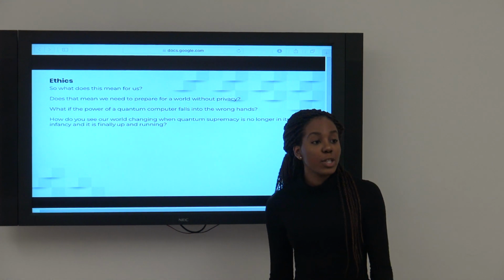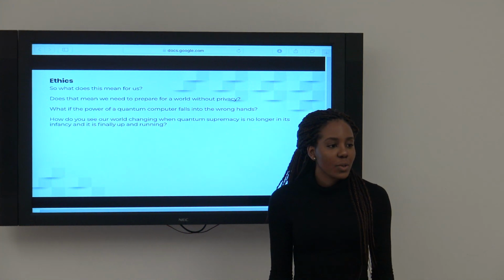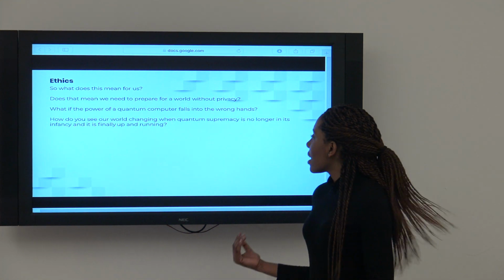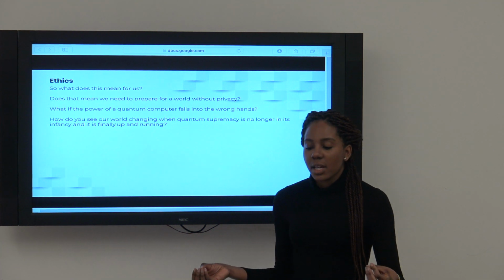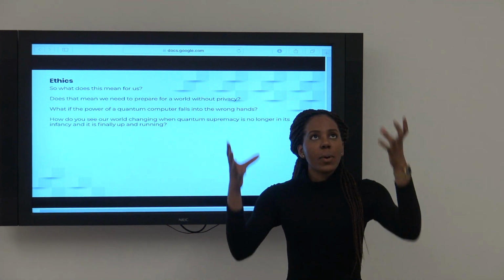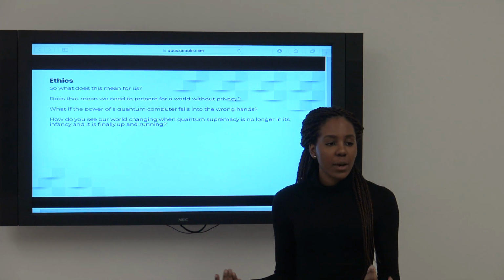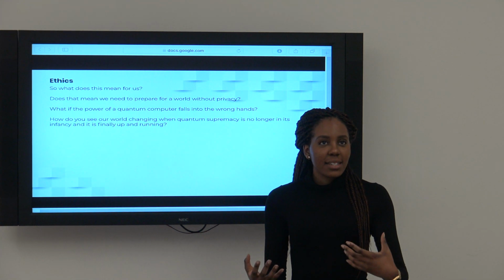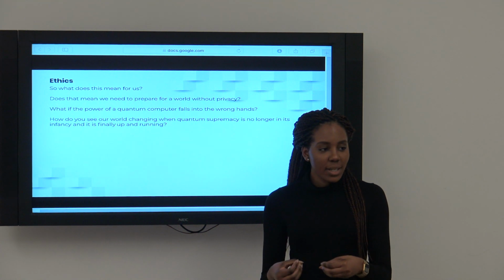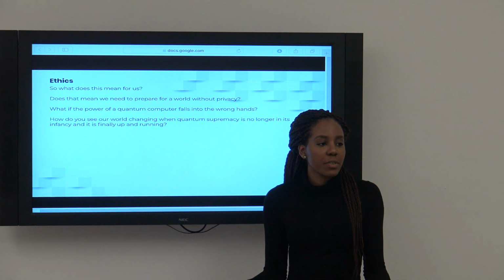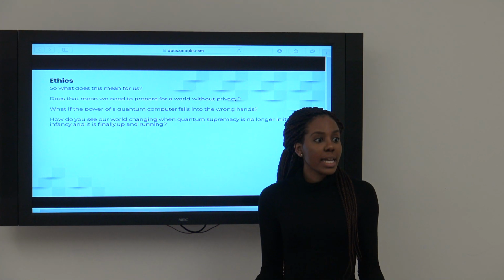It's not something that we can use to check our emails or make a banking transaction. But it is capable of destroying, well not destroying, but decoding an encryption that we find is very, very eloquent. So our computers are not able to decode that kind of information, but a quantum computer can.